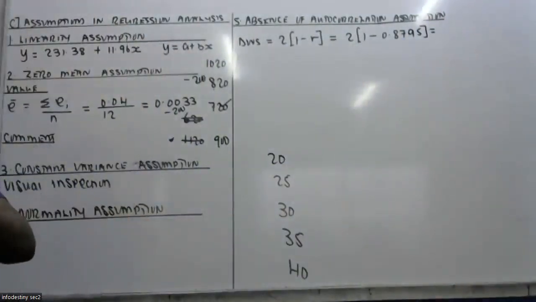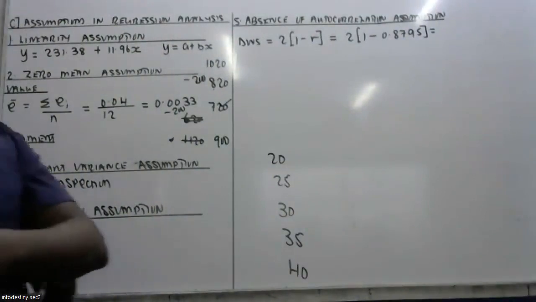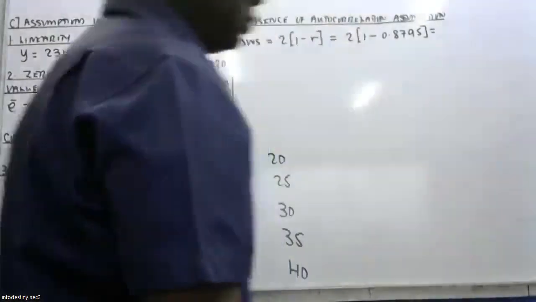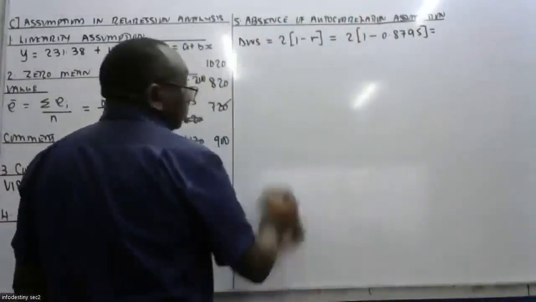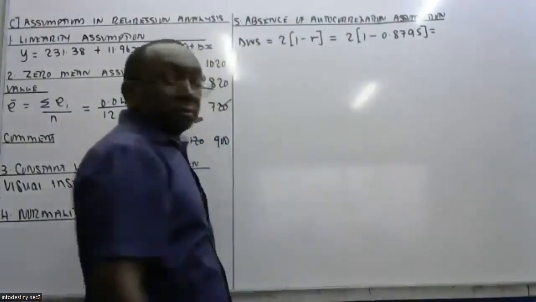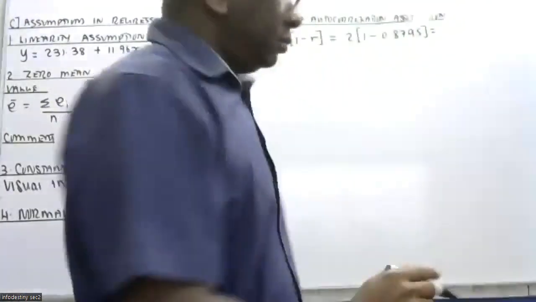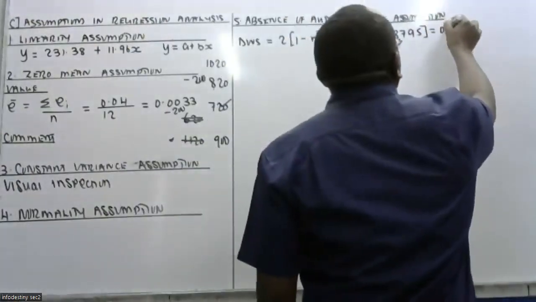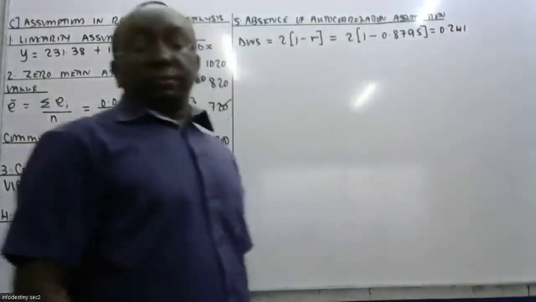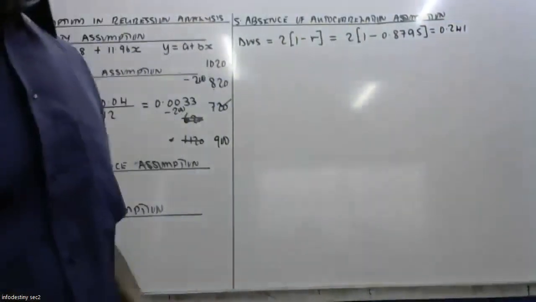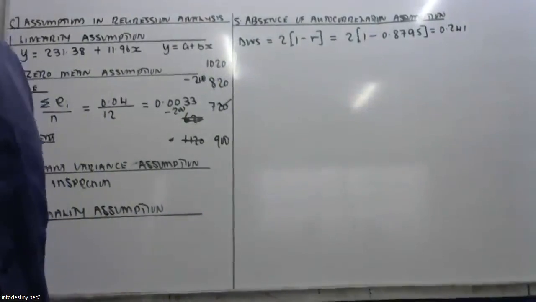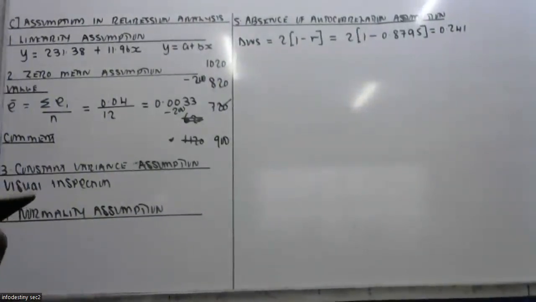Using BWS, which equals 2 brackets 1 minus R, which equals 1 minus 0.8795, gives 0.241. Comma, because we had said using BWS.